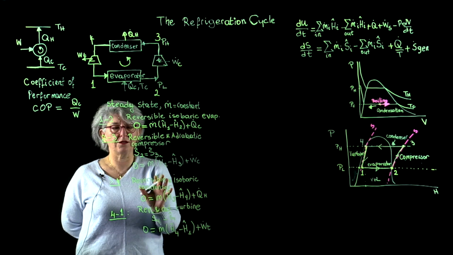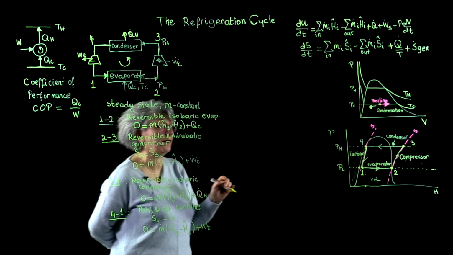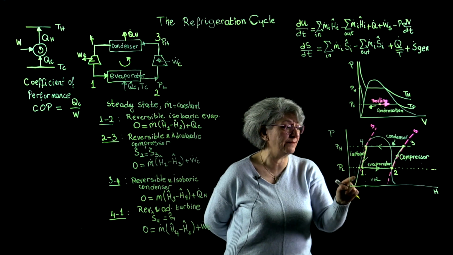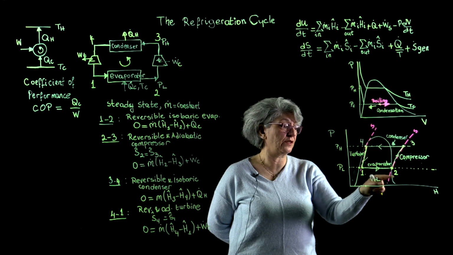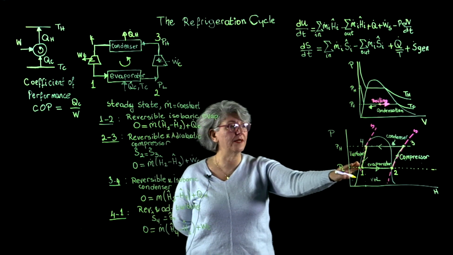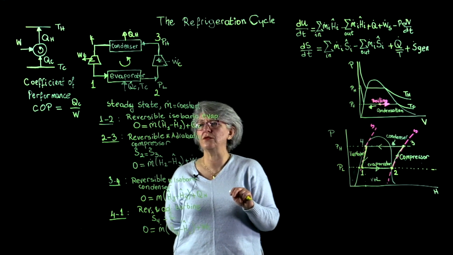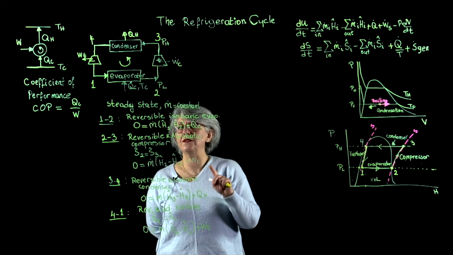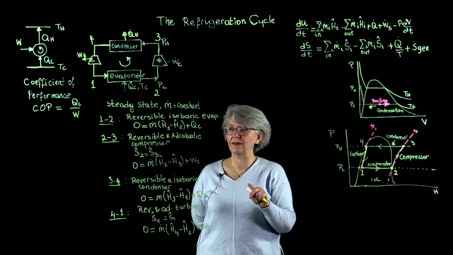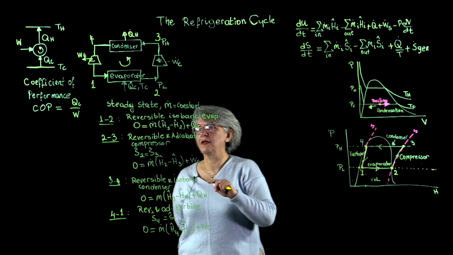All right, let's do that. For the coefficient of performance, now I can read, if I have the pH diagram, if I have this information, I can calculate everything, and those diagrams are available in textbooks of thermodynamics and on the internet. All right, so let's just get the coefficient of performance.